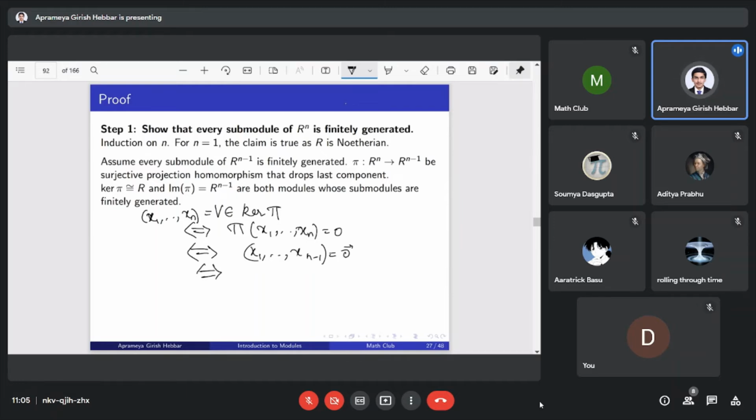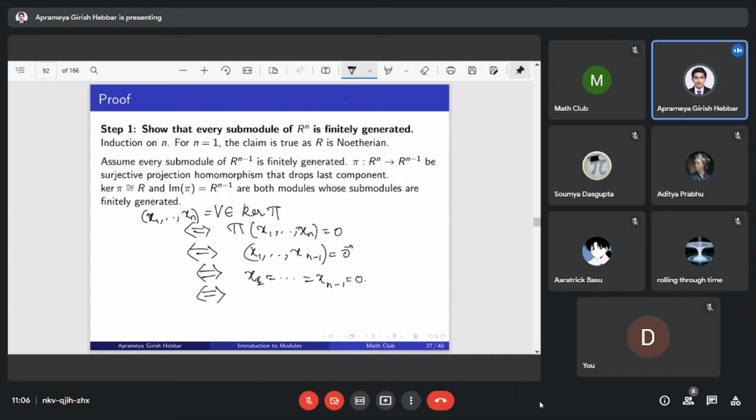So this is if and only if each of x1 up to xn minus 1 is 0. Yeah, it drops the last component.